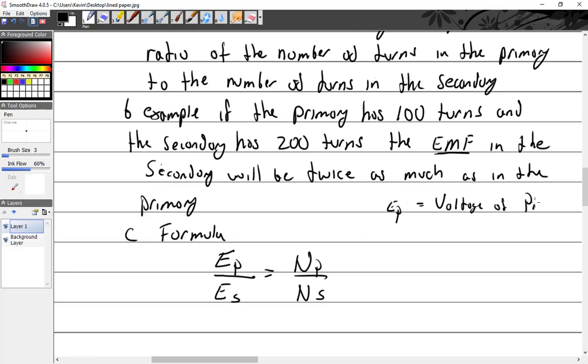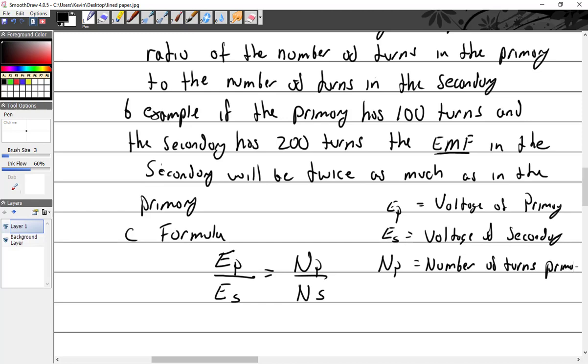E of S then is voltage of secondary. N sub P is number of windings in the primary, number of turns of the primary. And N sub S is number of turns of the secondary.